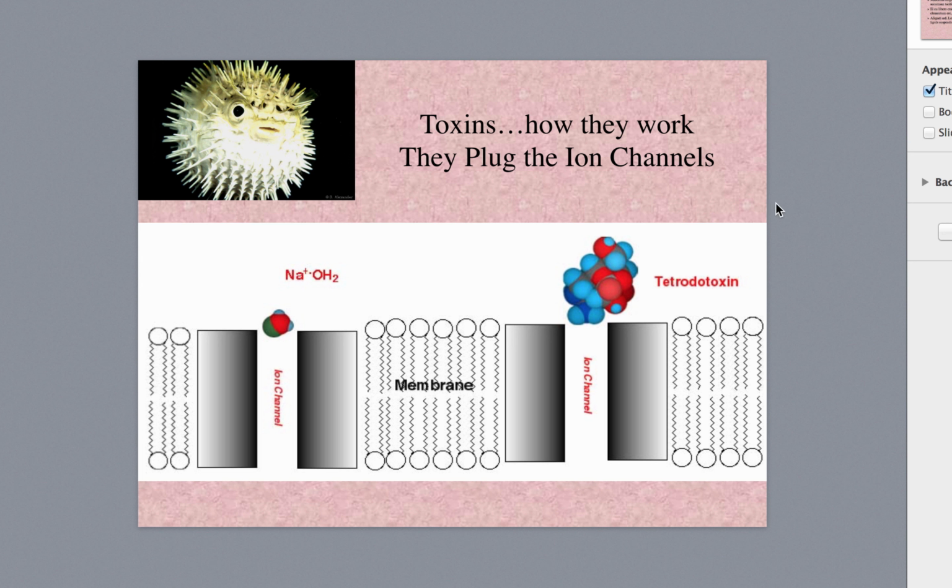Okay, so it's game over. A typical ion channel would let things through. Tetrodotoxin plugs the ion channels, not a good thing. Things that would normally flow through the ion channels, sodium, water, etc., don't get through. And that's it. Game over. The cell can't survive. So enough said.